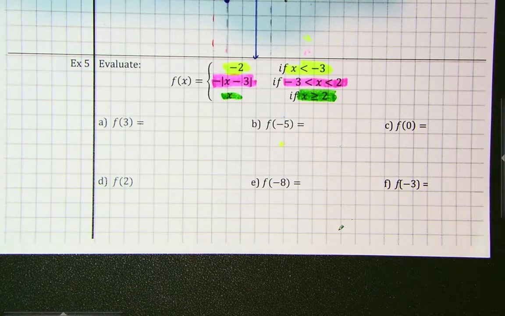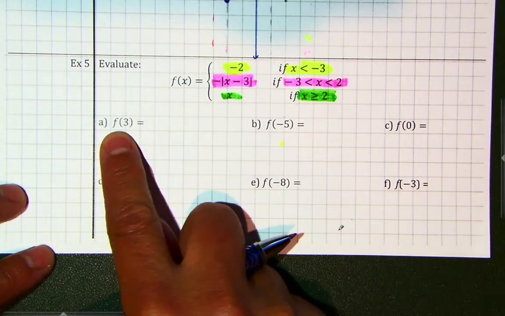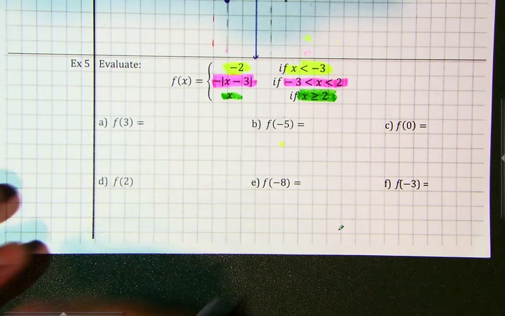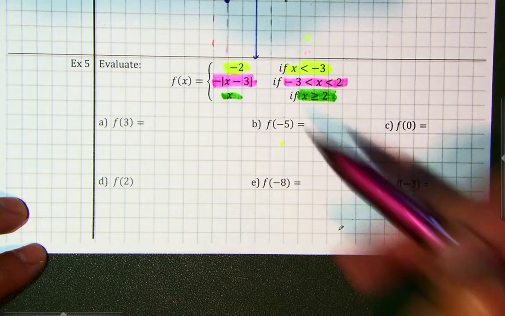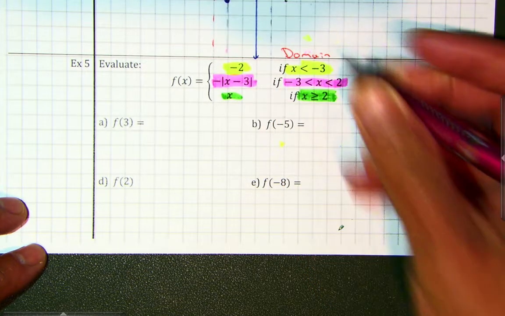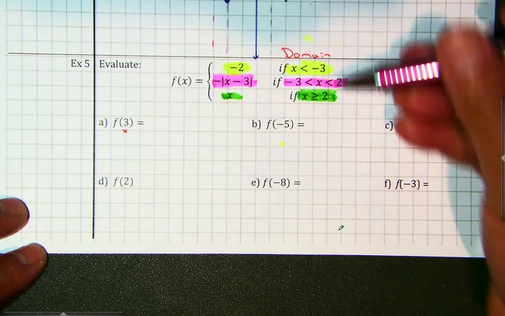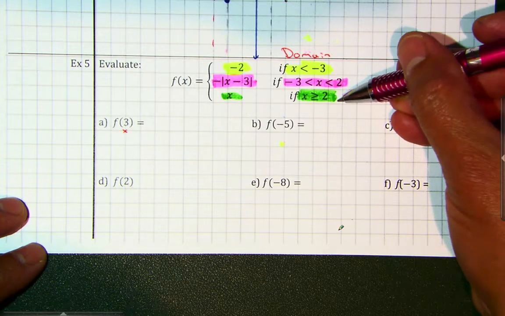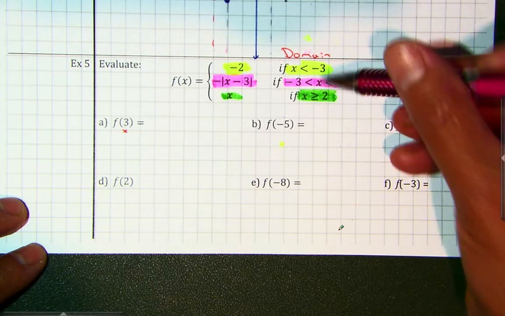So therefore, we can evaluate what f of 3 is. Well, this is 3, and this is your domain. So I need to think, okay, 3 is my x value that I need to plug in. Is it on the first piece, second piece, or third piece? It's on the third piece, right?